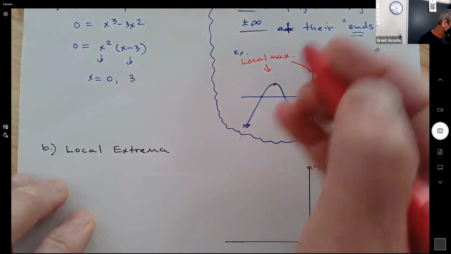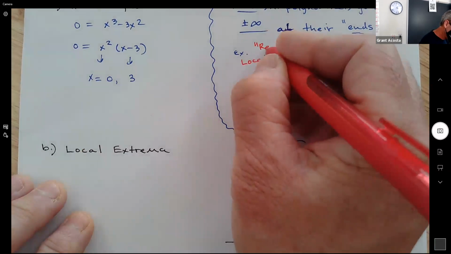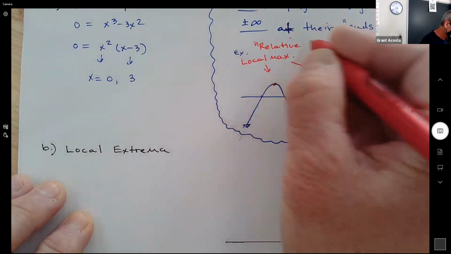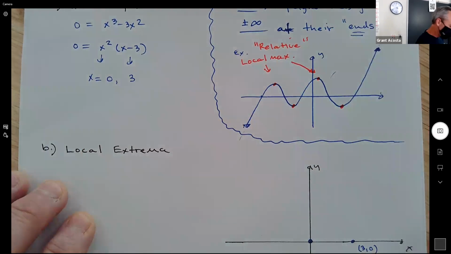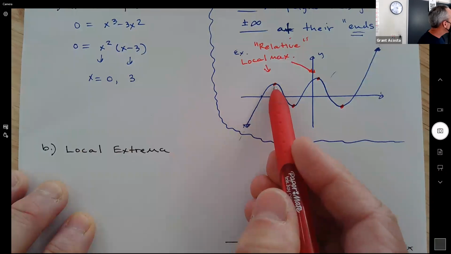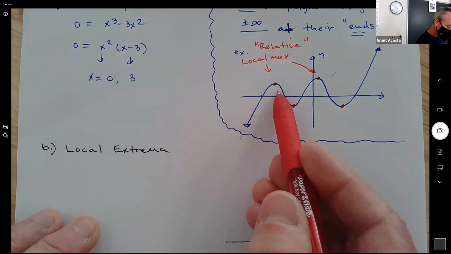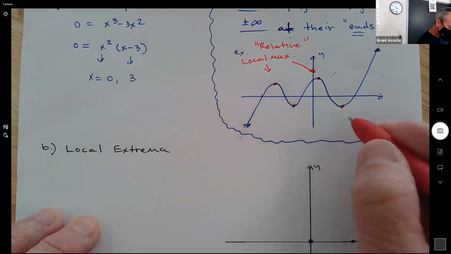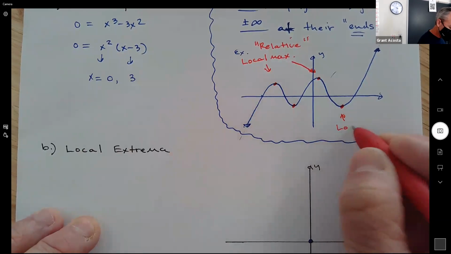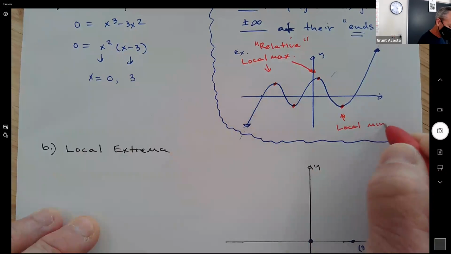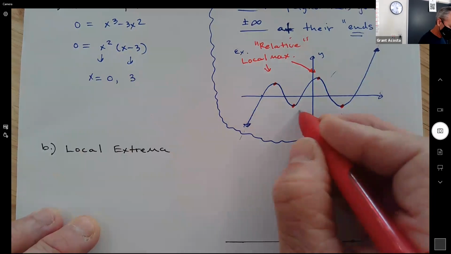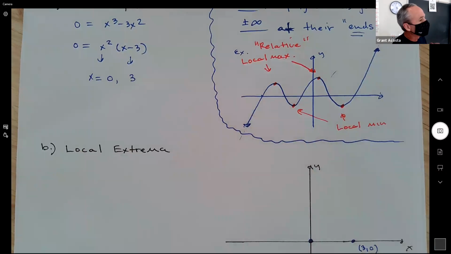It's also called a relative maximum, meaning relative to points around it. That is a high point. And then same thing over here. These two points could be called local minimums. I'll just use local.